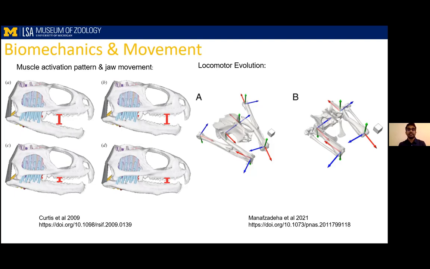As well, people have been able to use CT data to look at joint articulation across the vertebrate tree to better understand how different animals have evolved their locomotor patterns. In both of these cases, essentially you're taking CT data and pairing it with other analytical and imaging techniques to better understand how certain animals interact with their environment and how they exist, behave, and what have you.